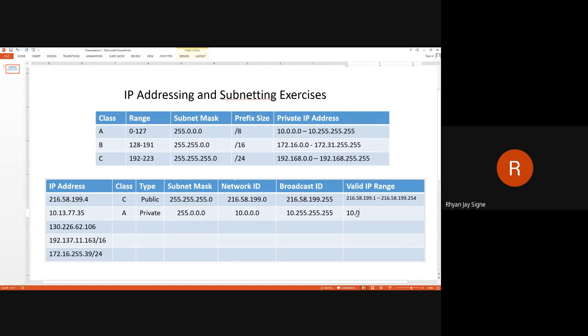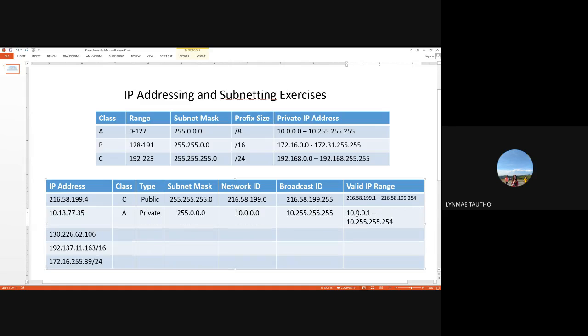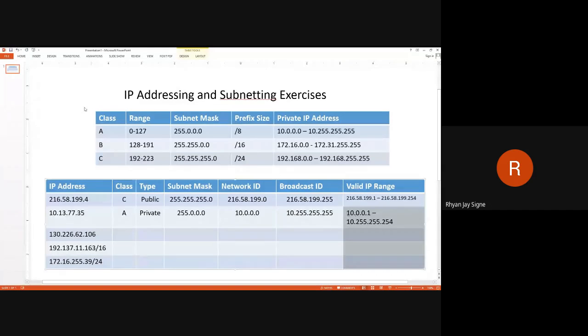So 10.0.0.1 to 10.255.255.254. Make sure the font size of the valid IP range is clear to you.